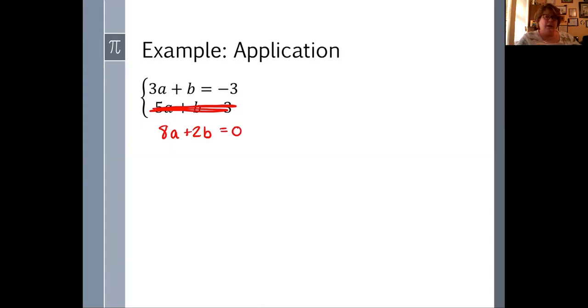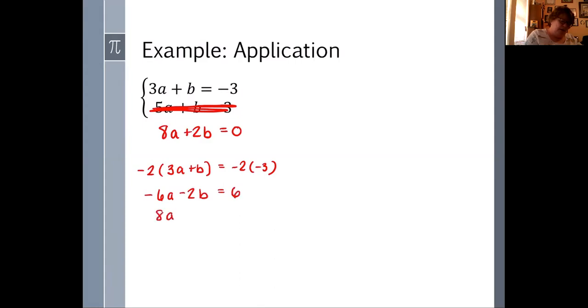So it looks to me to be able to solve this if I multiply the top equation by -2, then I could eliminate the B. So let me try that. So I get -6A minus 2B is equal to 6.